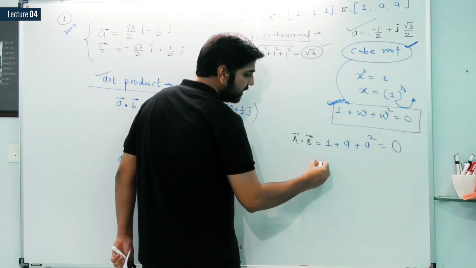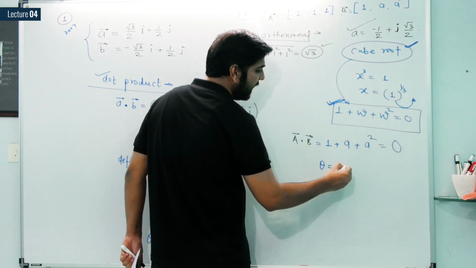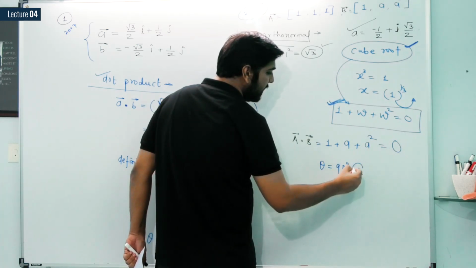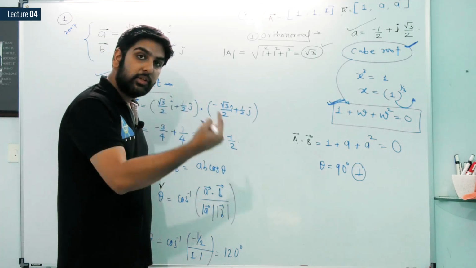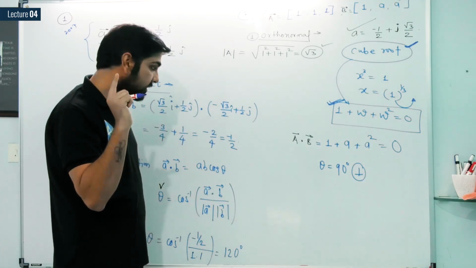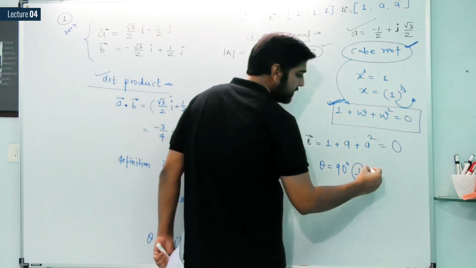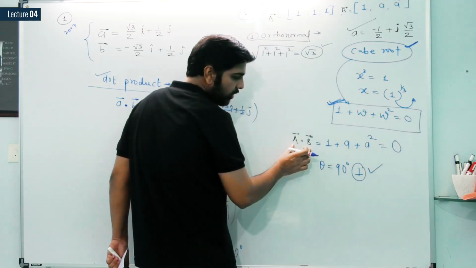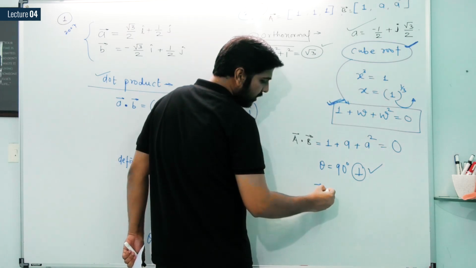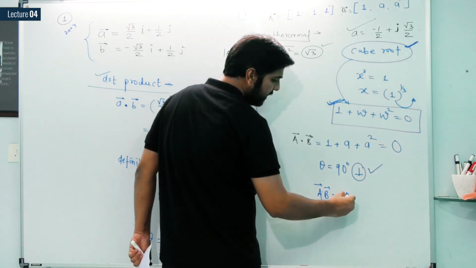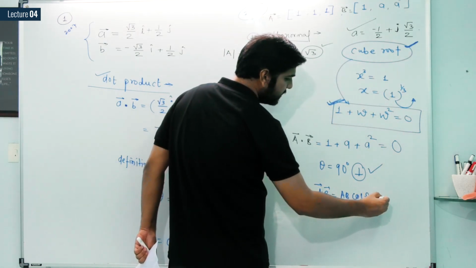That means here the angle is 90 degrees. So the angle is 90 degrees. When we have 0, for which angle is cos 0? 90 degrees, right? Cos 90 is equal to 0. So I have the dot product equal to 0. So you can write it like this: a dot b is equal to ab cos theta is equal to 0.